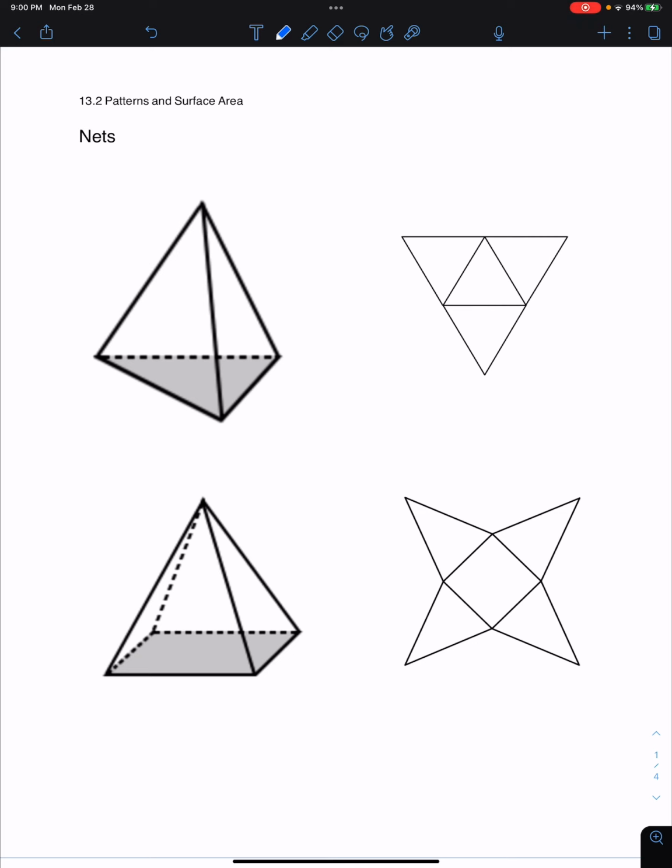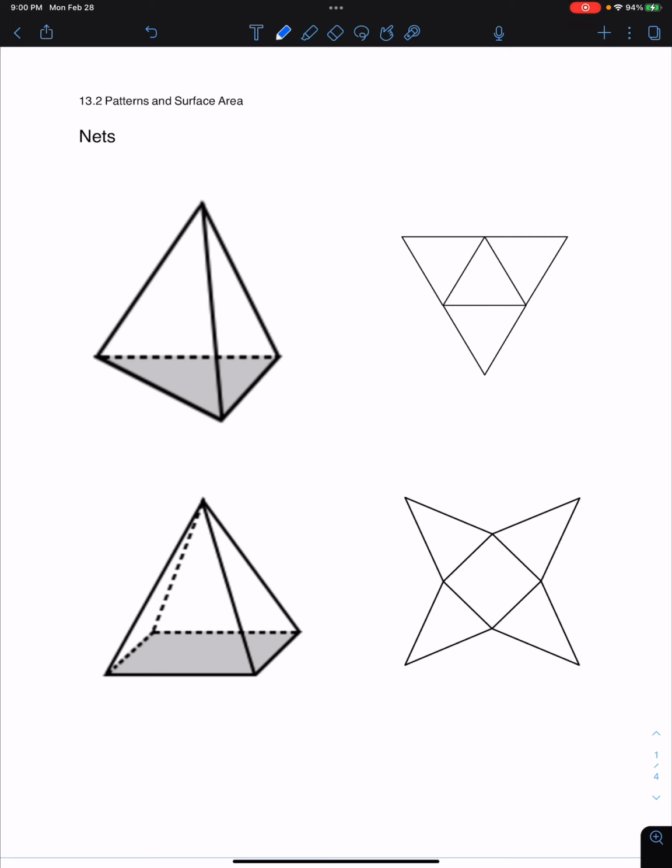And this triangular pyramid, if we take all of the pieces apart and just flatten it out, will look like this net here. So let's see if we can identify the corresponding parts.